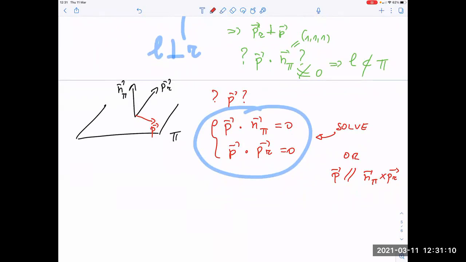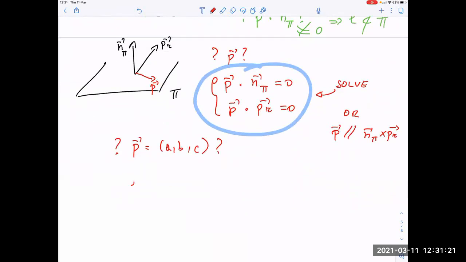So what I do is to say, I look for P, A, B, and C. So I want to find this. And so I rewrite the system as P dot 1, 1, 1, which is A plus B plus C, and must be 0.